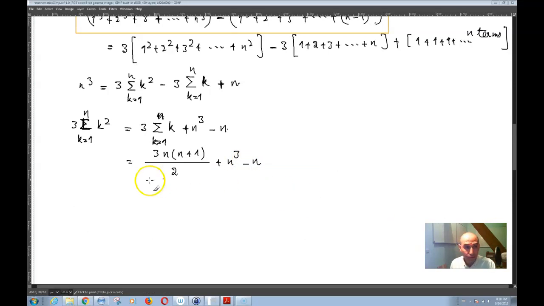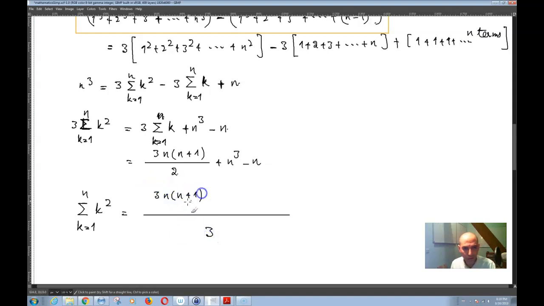And then if you simplify this part, of course you need to divide, this is 3 times sigma k squared as k goes from 1 to n, and what I want to find is sigma k squared as k goes from 1 to n. So sigma k squared as k goes from 1 to n is equal to this whole expression divided by 3, which is 3n times n plus 1 divided by 2 plus n cubed minus n.